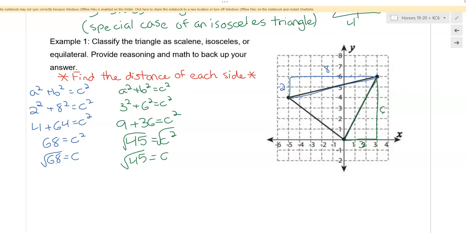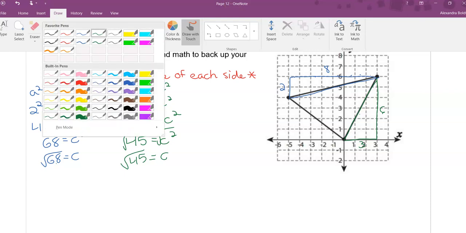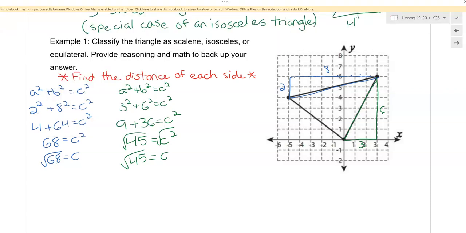Well, the square root of 68 and the square root of 45 are not going to be equal. So I already know it's not equilateral, right? But we do have to find our last side. And this diagonal, 1, 2, 3, 4, 5. So we have 4 squared plus 5 squared. That's 16 plus 25.